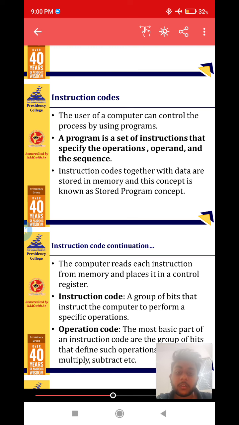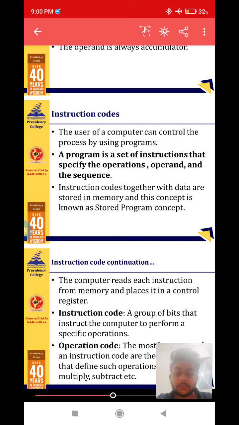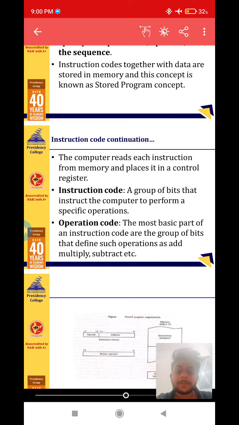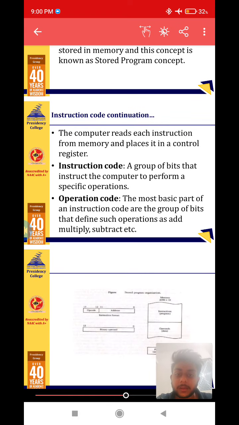In order to communicate with the computer, we have to use some programming language. We are just giving instructions to the computer, and this is simply known as an instruction. Now the computer reads each instruction from memory and places it in a control register.